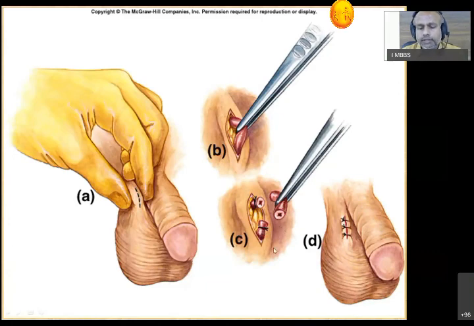How is sterility achieved, though we don't remove the testes? The pathway for sperms to appear externally in the semen is blocked. The sperms will remain in the epididymis, they will die there, and they will be engulfed by the cells which line the seminiferous tubules.